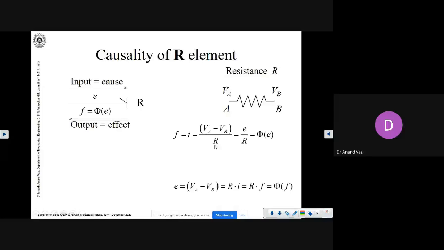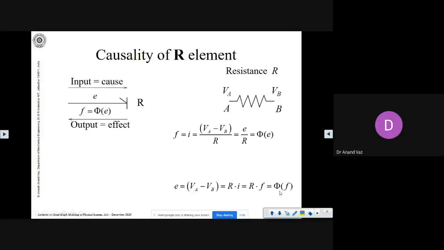So the same resistance, but now instead of applying the potential difference across A and B, you're applying a current, you're forcing a current through this. That results in the generation of a potential difference across the ends A and B. So if you force a current through A and B, it will result in the development of a potential difference given by this. This is the other way of looking at it.